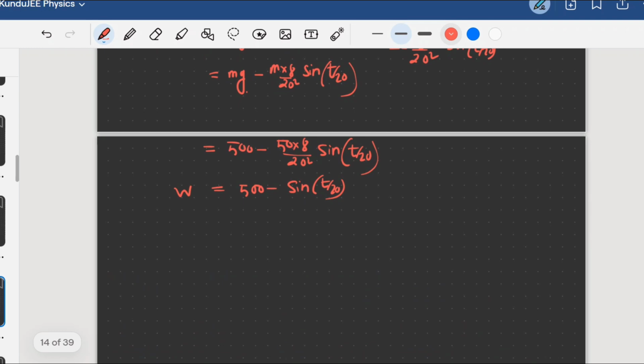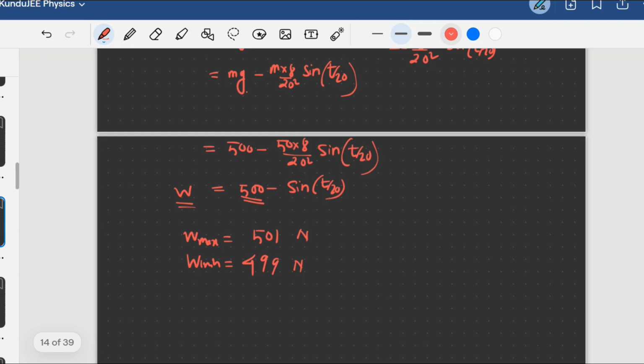So weight of the body is varying with respect to this mean weight, it is varying both sides. So maximum value of the weight is becoming when the value of sine t by 20 is minus 1. So maximum weight is becoming 501 Newton. Minimum weight when the value of sine t by 20 will become 1. That time the minimum weight will be 499 Newton.